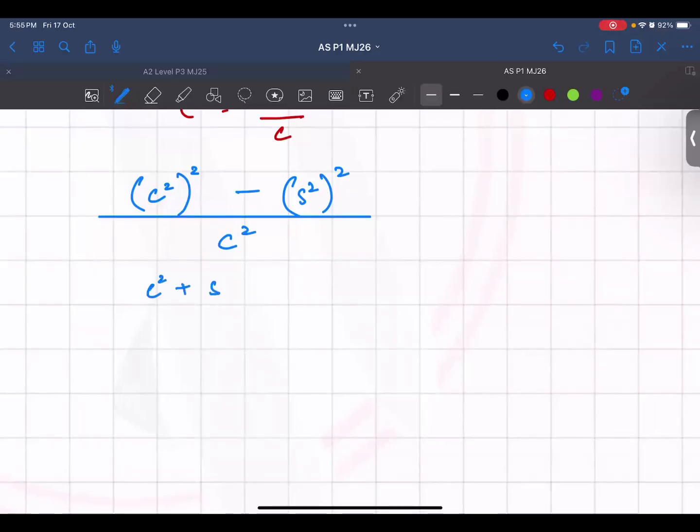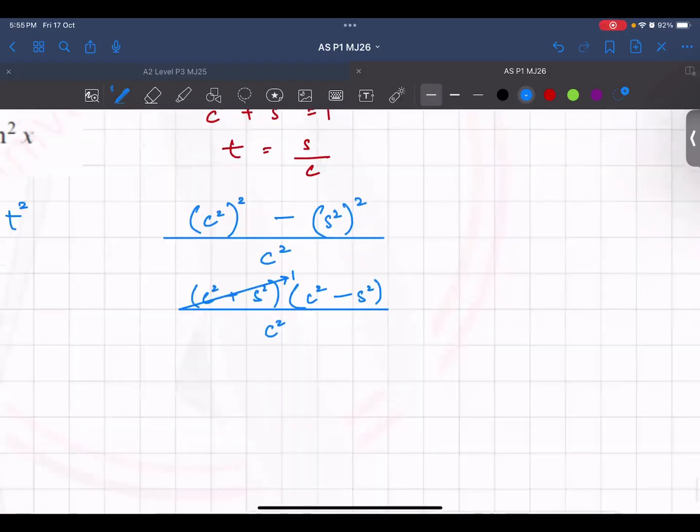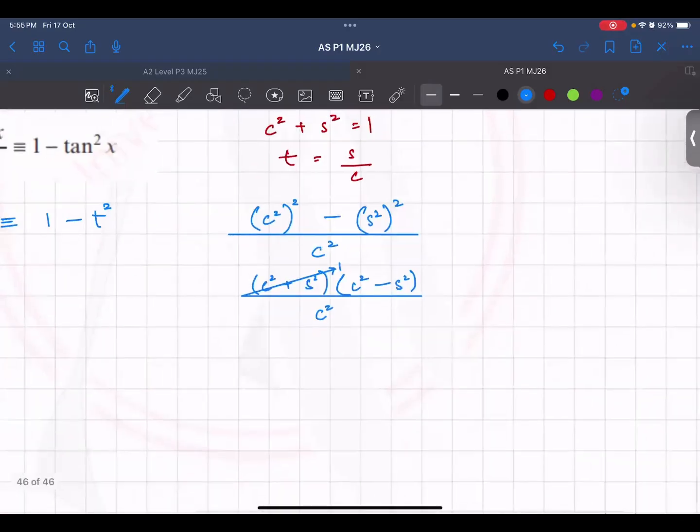So cos square plus sine square and cos square minus sine square. And we know that cos square plus sine square is equal to 1, the identity. So you are left with cos square minus sine square upon cos square.